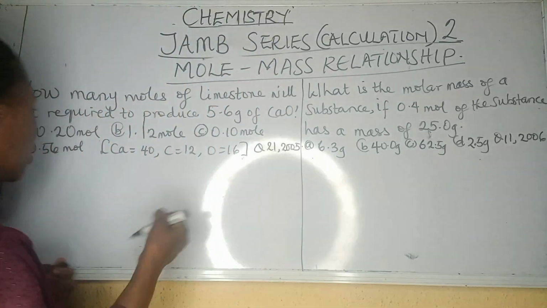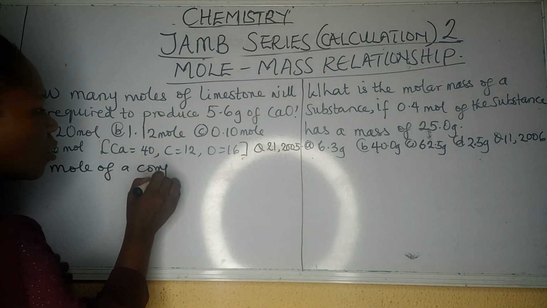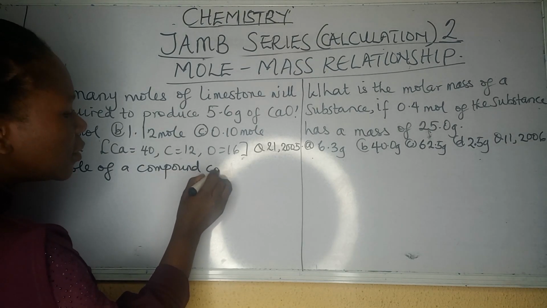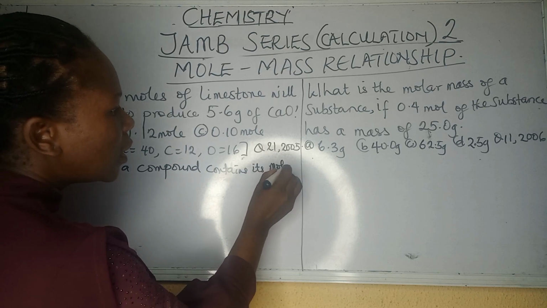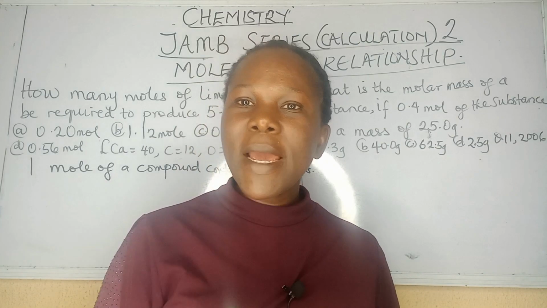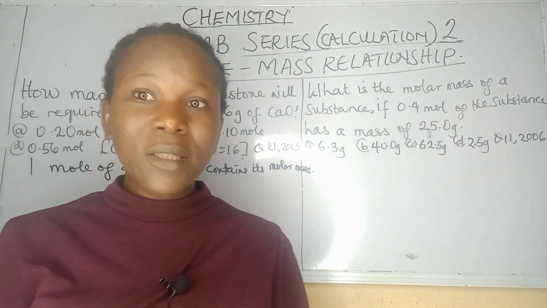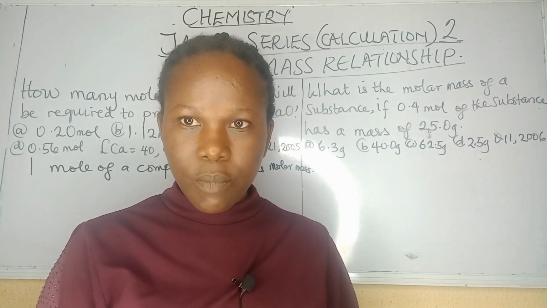So I'm going to write it out. 1 mole of a compound contains its molar mass. And how do we get the molar mass of a compound? By adding the atomic mass of each of the elements in that compound.